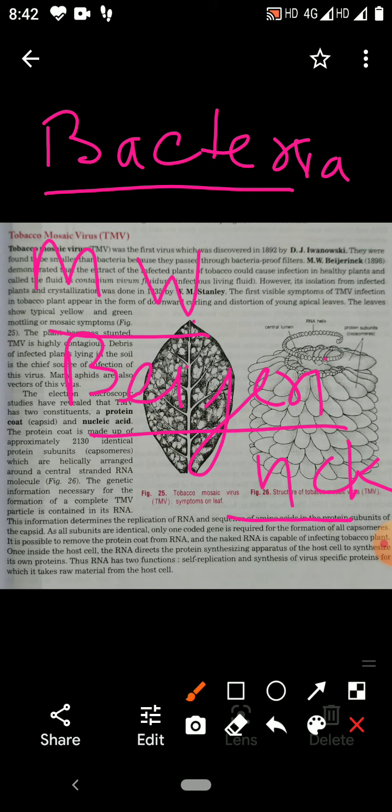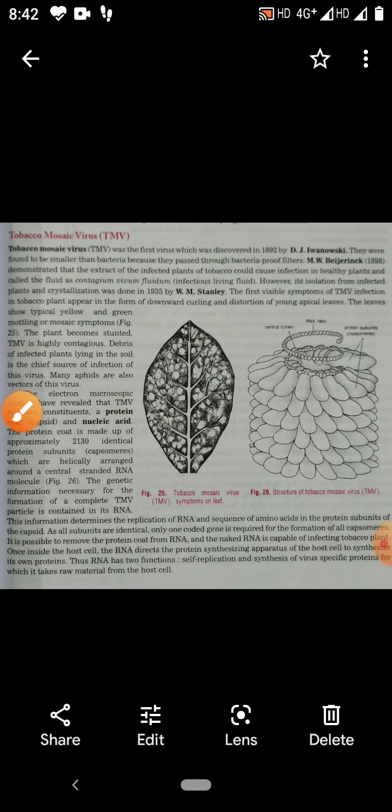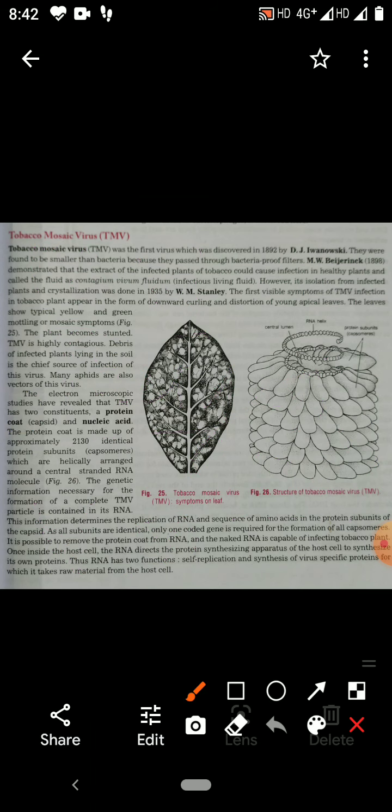W.M. Stanley obtained the crystal of tobacco mosaic virus by the process of crystallization.